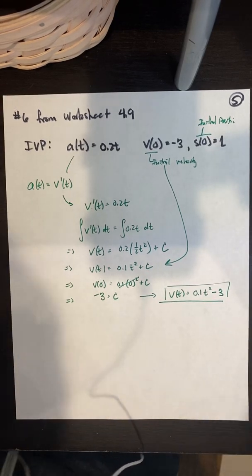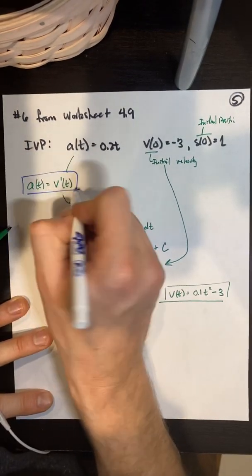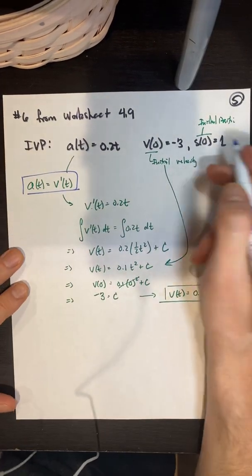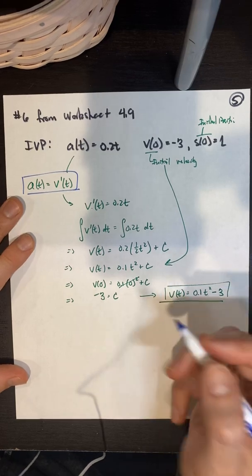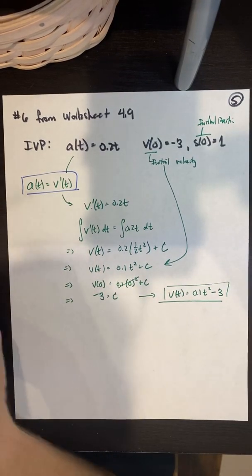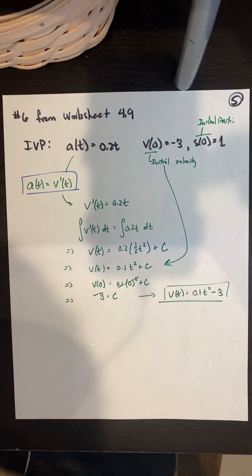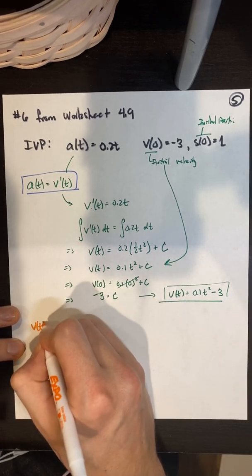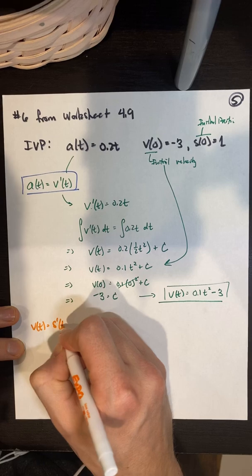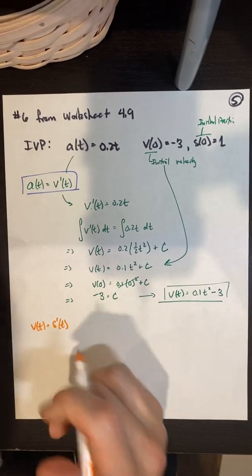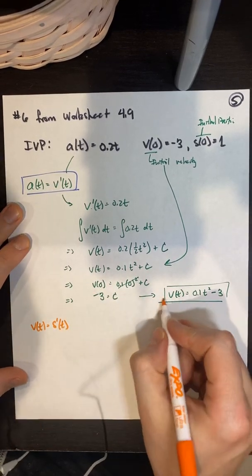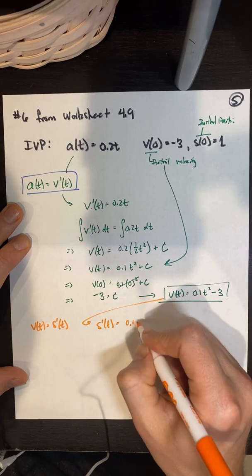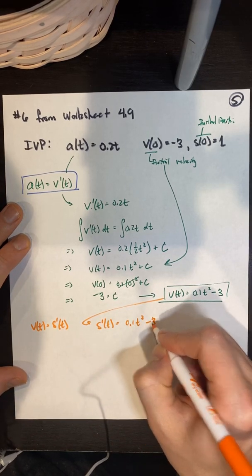Now notice that this whole thing hinged on the fact that the acceleration is just the derivative of velocity. Now I want to solve for s. I'll use the orange marker to solve for s. V of t is exactly the derivative of position. So I can take this equation and write s prime of t is equal to 0.1 t squared minus 3.